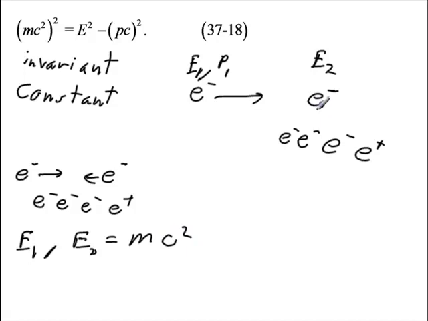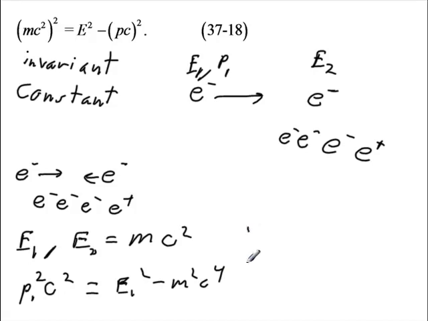It's just its rest mass because it's at rest. Now I can use this equation to find P1. P1 squared c squared is going to equal E1 squared minus m squared c to the fourth.